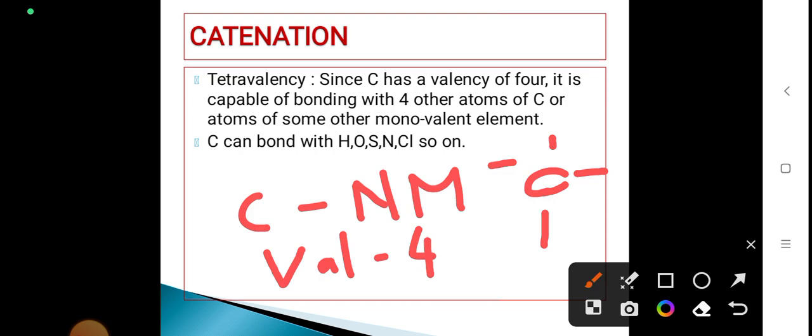So when we say that carbon can form four bonds with other carbon, this is again the reason why catenation can be seen in carbon, because the valency of carbon is 4. That means it is giving rise to 4 new bonds around each carbon atom.